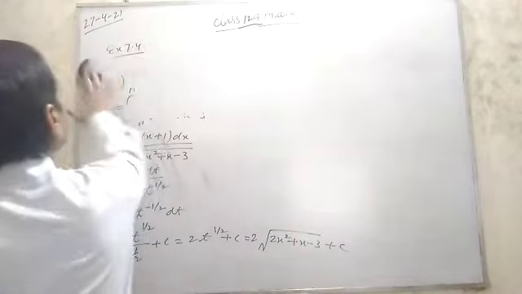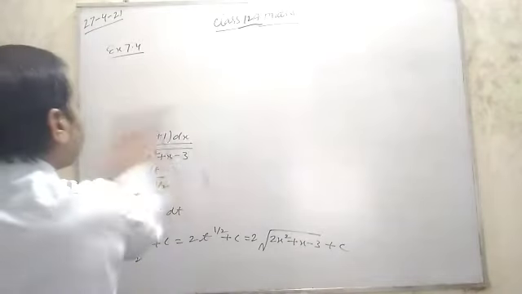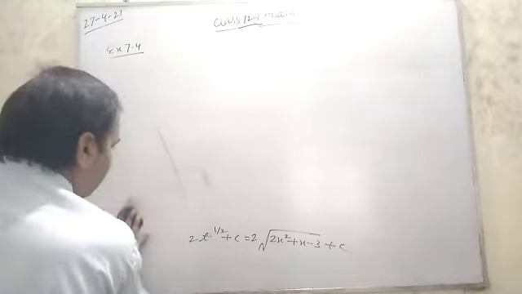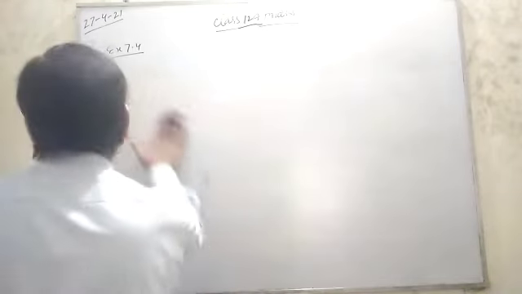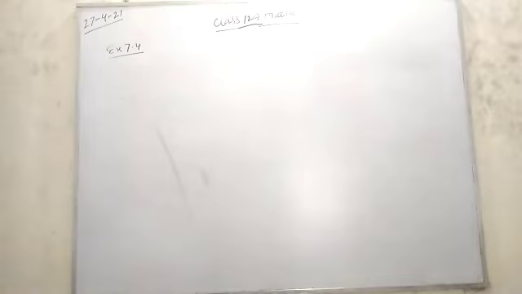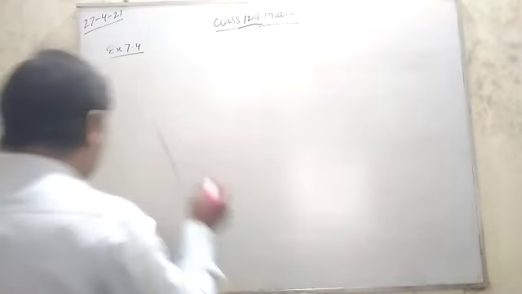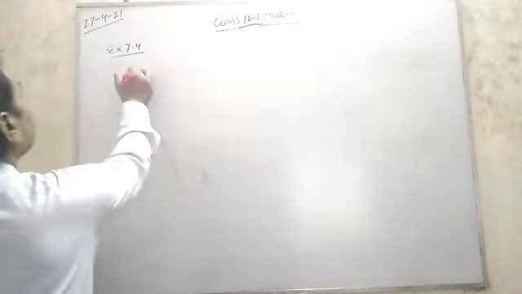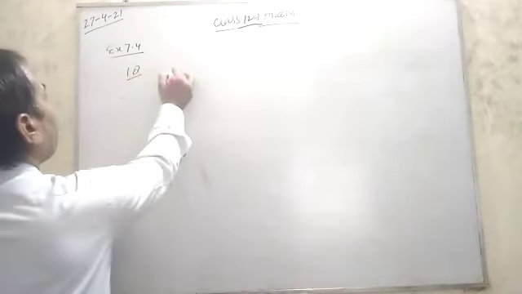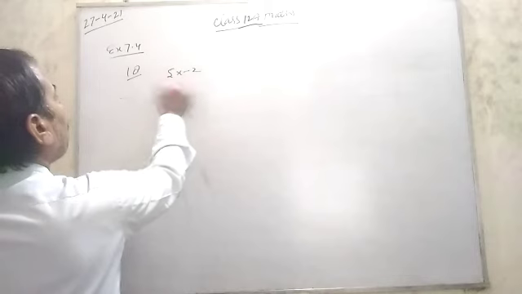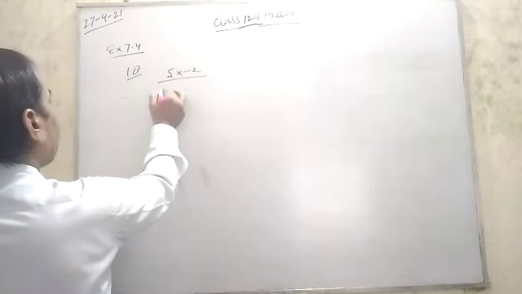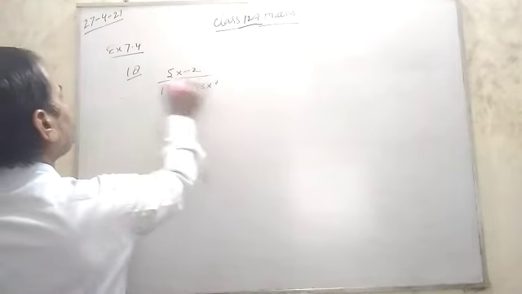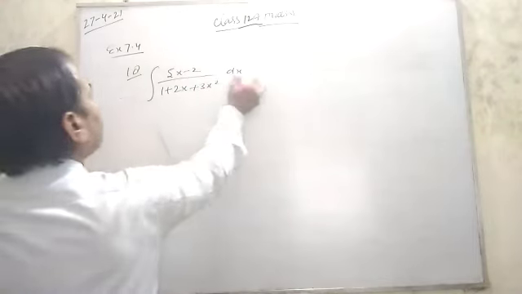But some questions you see: 16, 17, 18. 5x minus 2 upon 1 plus 2x plus 3x square dx.